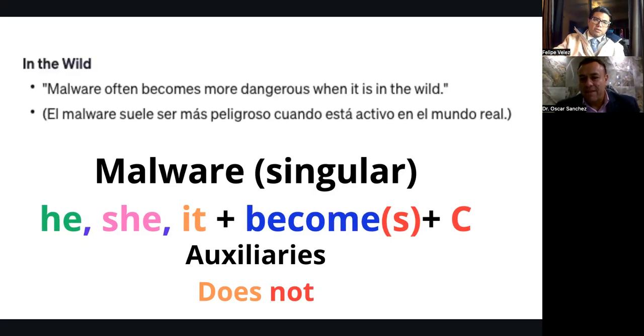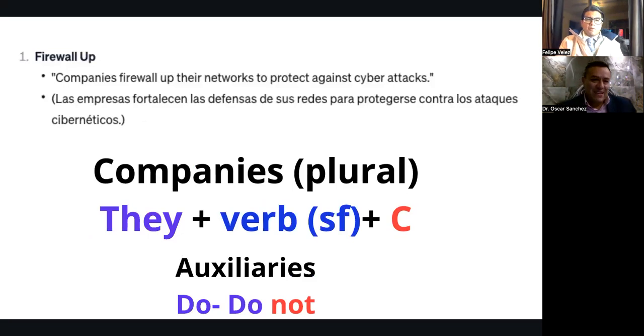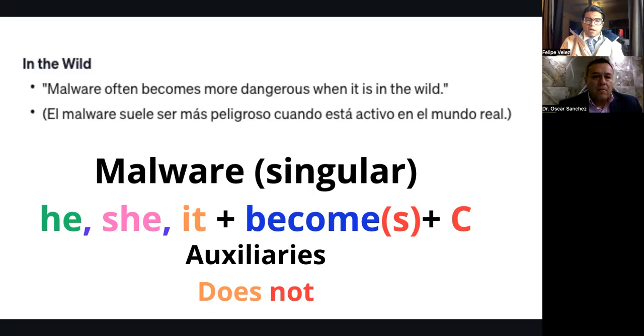Almost, very close. Now let's go to the first one. Companies firewall up their networks to protect against cyber attacks. Again. Very good. Malware often becomes more dangerous when it is in the wild.